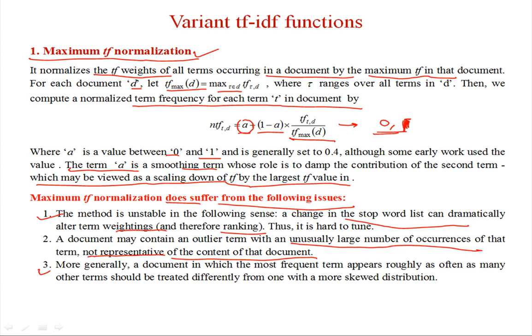More generally, a document in which the most frequent term appears roughly as often as other terms should be treated differently from one with a more skewed distribution.